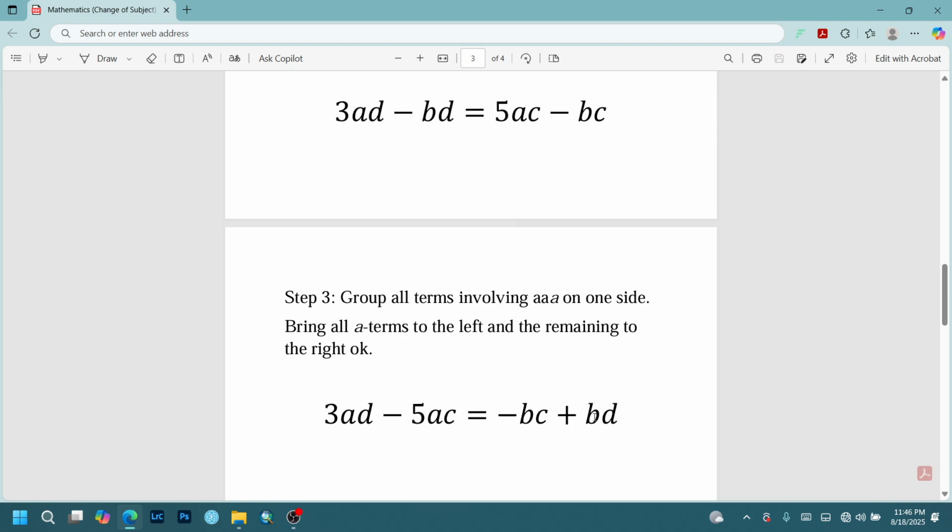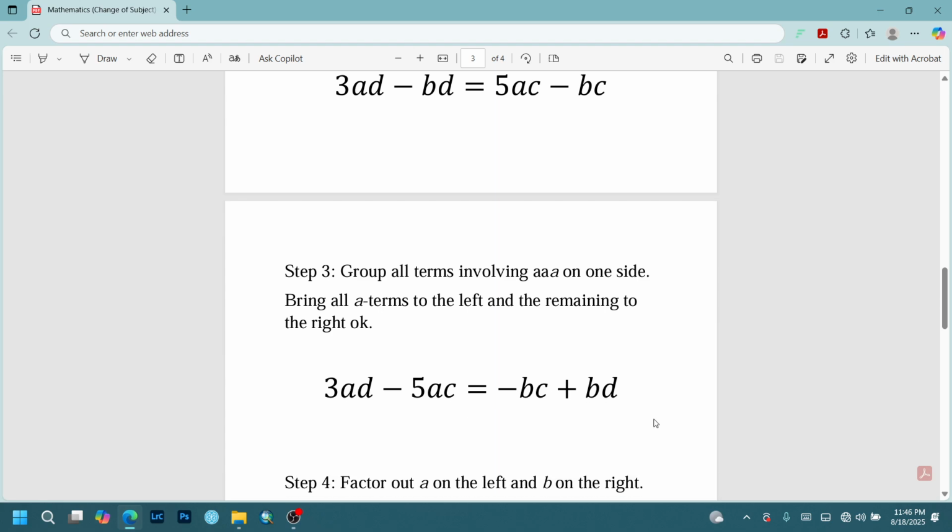So our equation is 3AD minus 5AC equals negative BC plus BD.